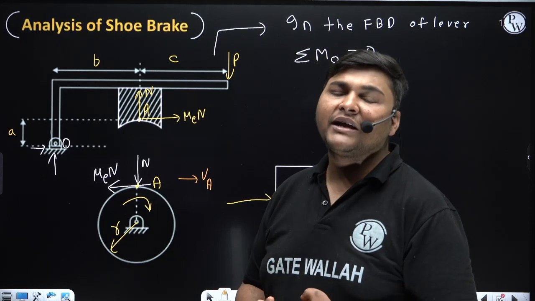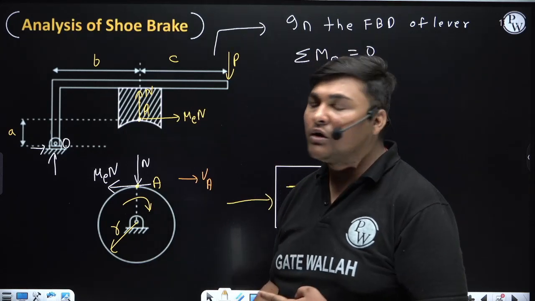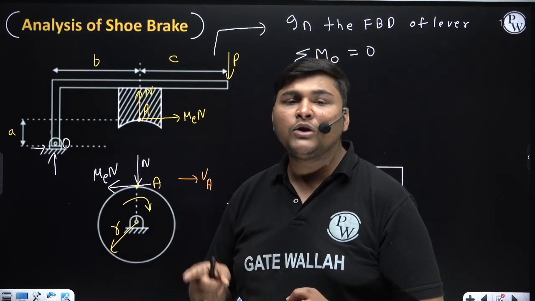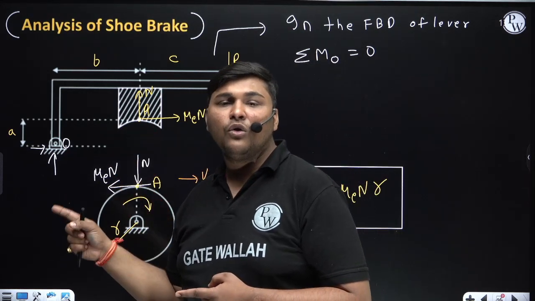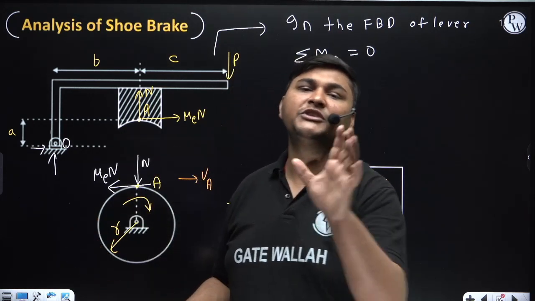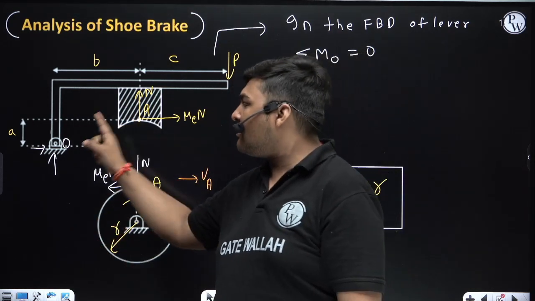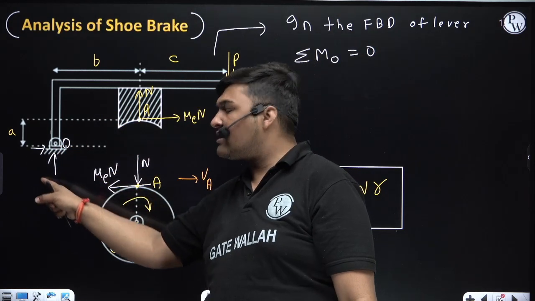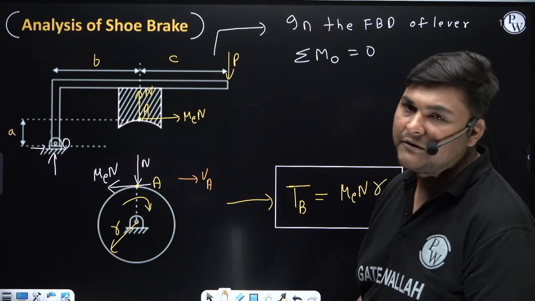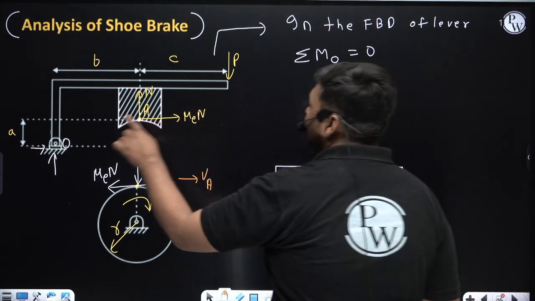Means while taking moment about fulcrum O, we need not bother about the reactions coming at this location, because the moment of those forces about O will be 0, and our calculation work becomes easier. So we will always take net moment about fulcrum O.